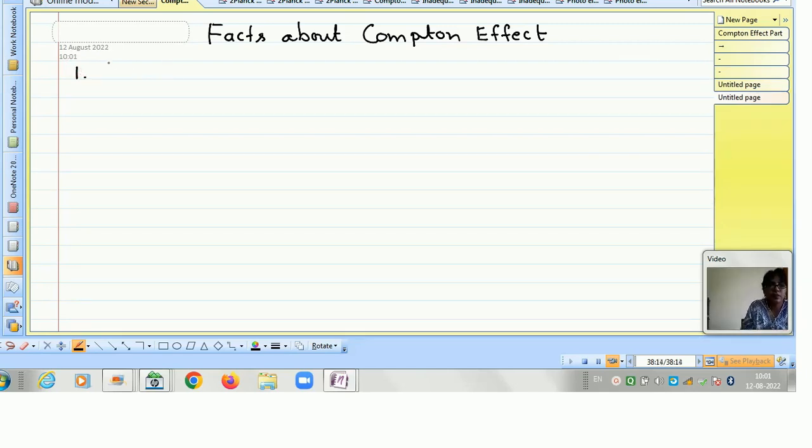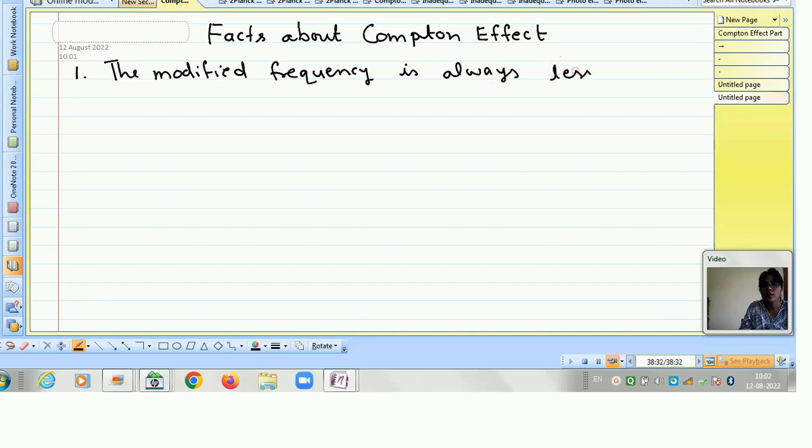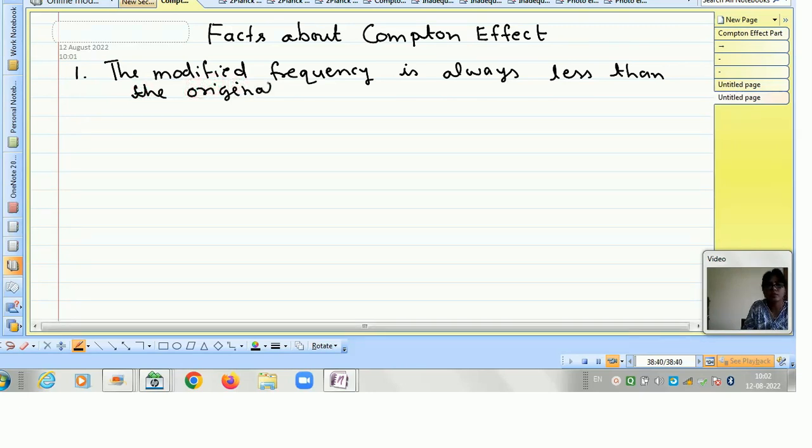The first thing is that the modified frequency is always less than the original frequency of the photon.